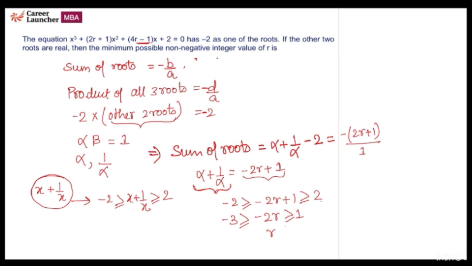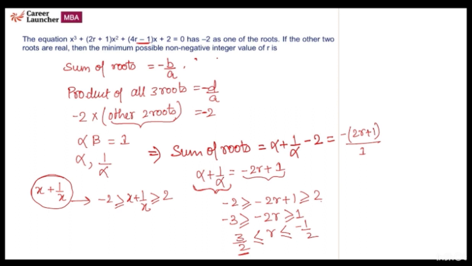Now we'll divide by 2 on both sides, and the signs will get changed. It will be r less than or equal to -1 by 2, or r greater than or equal to 3 by 2. So now we got the range of r. In the question, they have asked the minimum possible non-negative integer value.